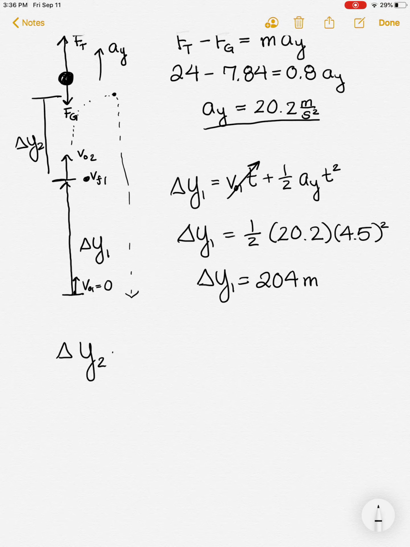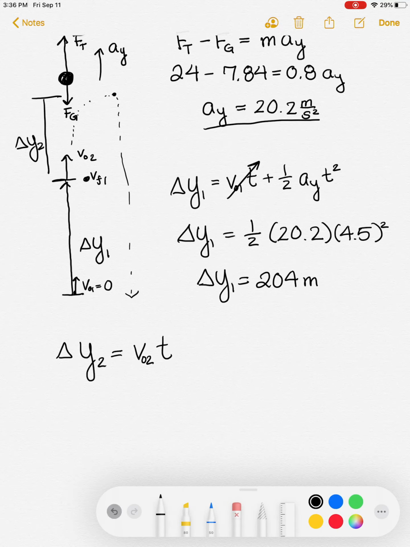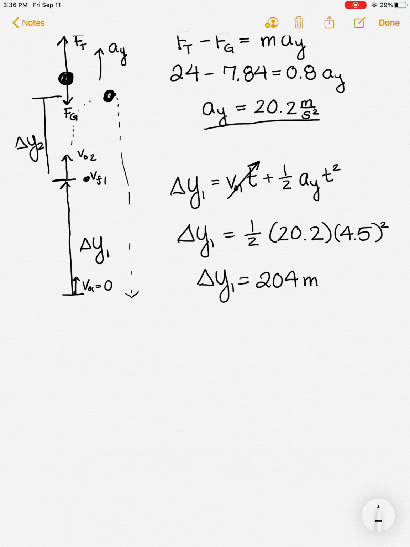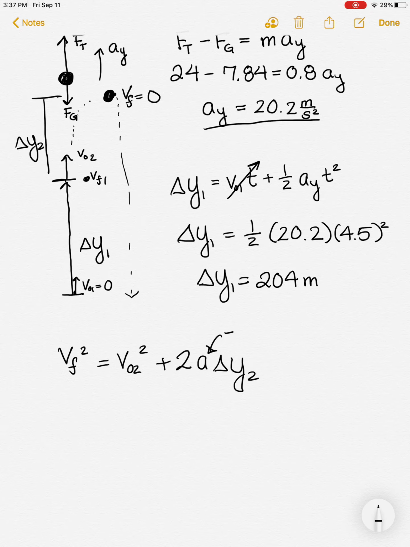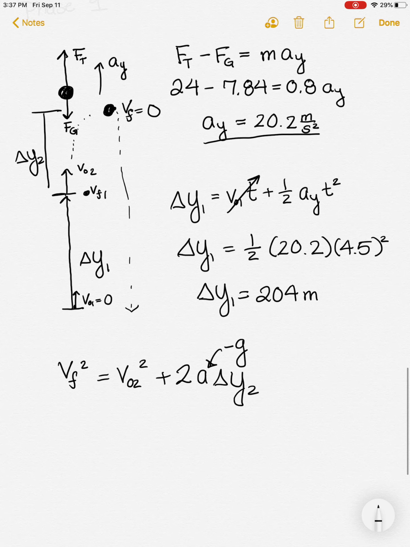So here, before we find delta y2, we need to find the initial velocity of the second leg. Whenever it reaches up here at the maximum height, the velocity final is equal to 0, and then we can use velocity final squared is equal to velocity initial squared plus 2a delta y2, where this acceleration is going to be minus g since we are in free fall.